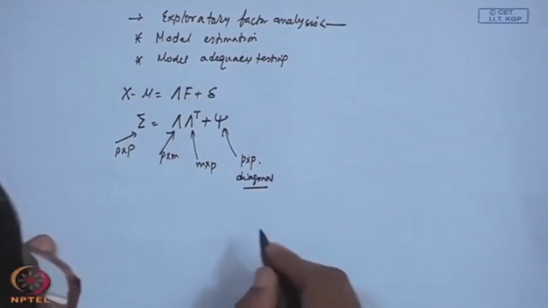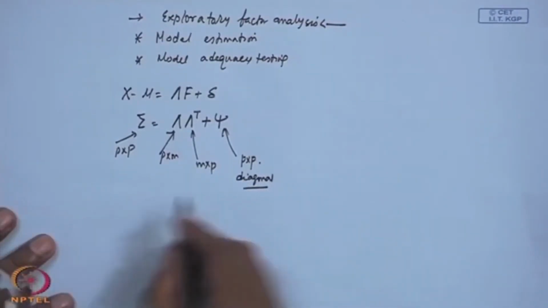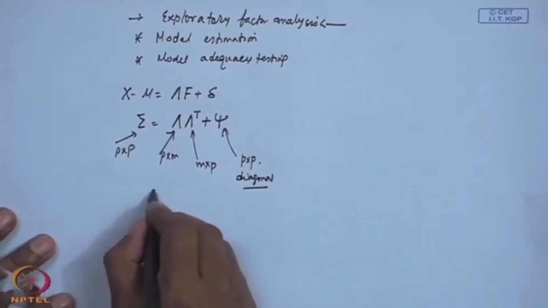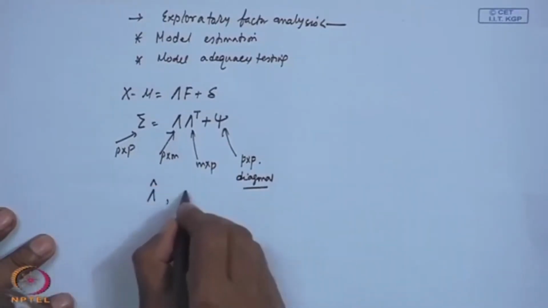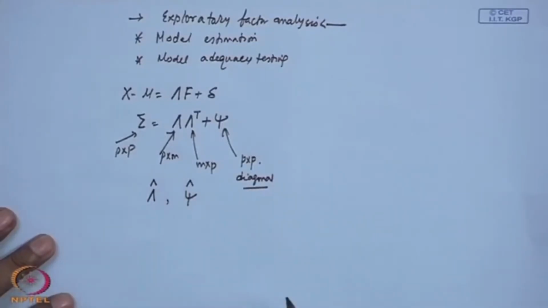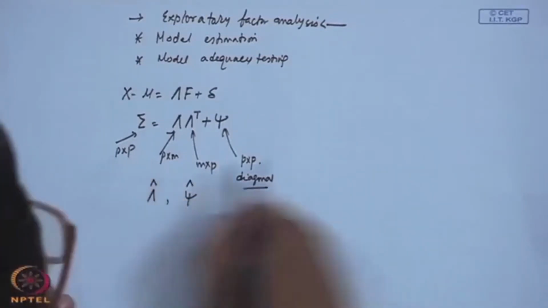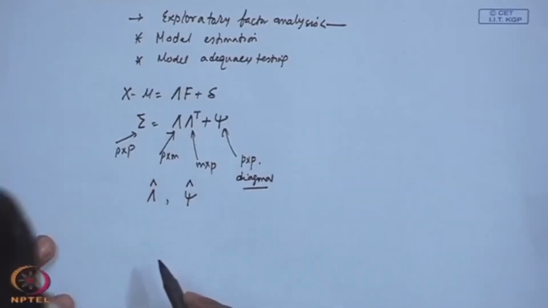By estimation, what we mean to say, we want to estimate lambda. The estimate of lambda is lambda cap. We want to estimate psi, that's psi cap. Now what is known to us?